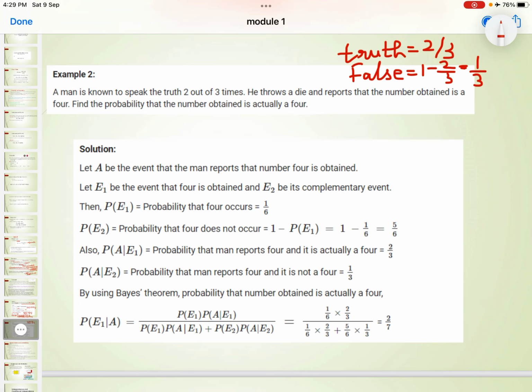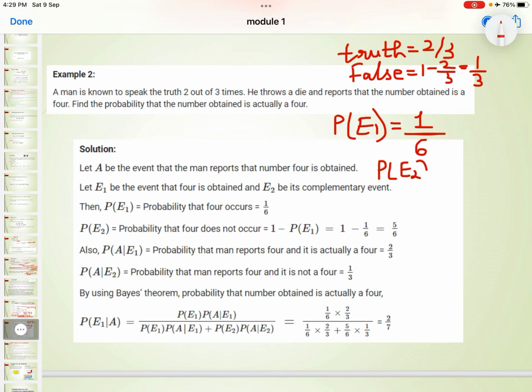So first, let A be the event that the man reports that the number obtained is 4. Let E1 be the event that 4 is obtained and E2 be the complementary event. So E1 is the event where the 4 is obtained. So 4 can be obtained once out of 6 possible outcomes.